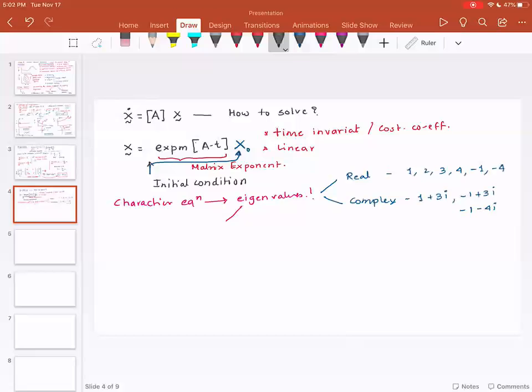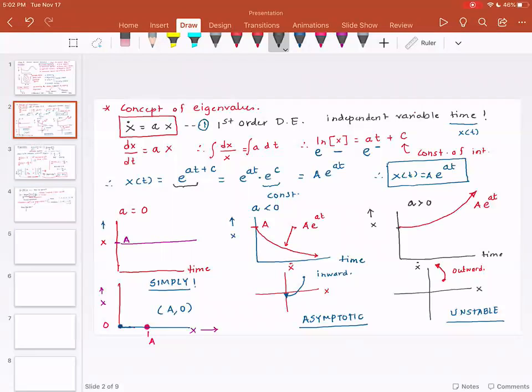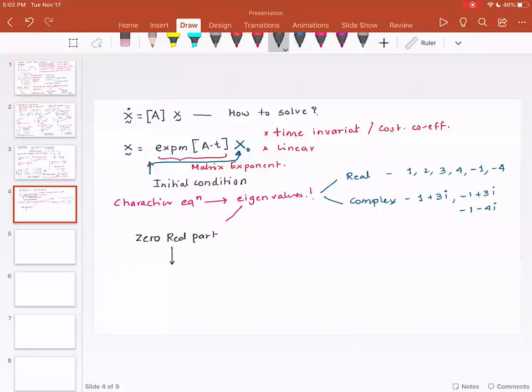If the eigenvalues have zero real part, I want you to correlate this with the first case: the system is simply stable.